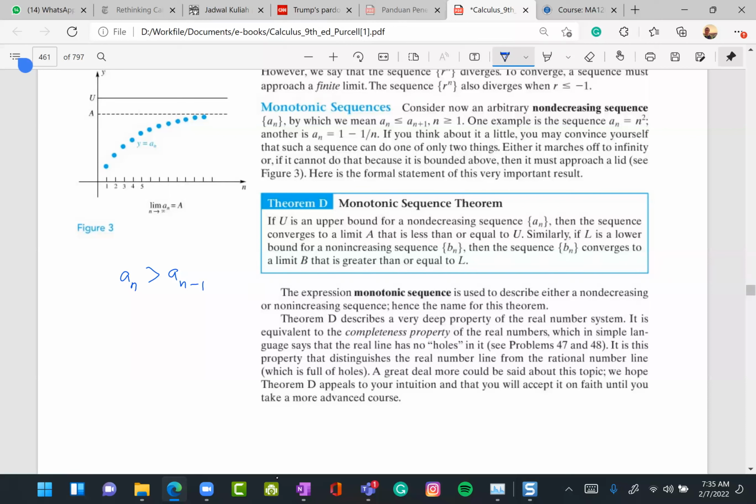Okay. So this is what we call increasing, because it's getting larger and larger. So this is the monotonic sequence.